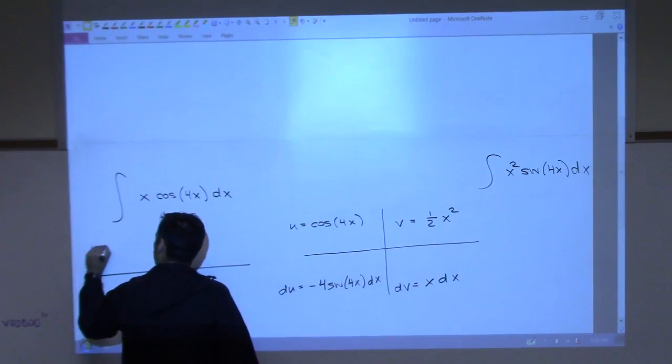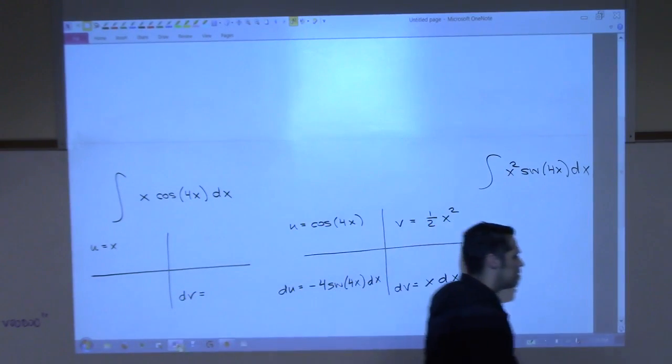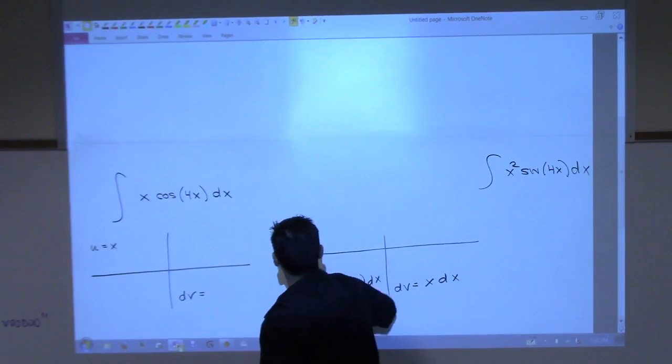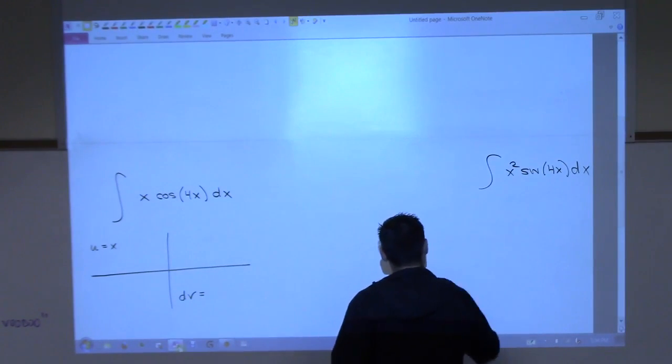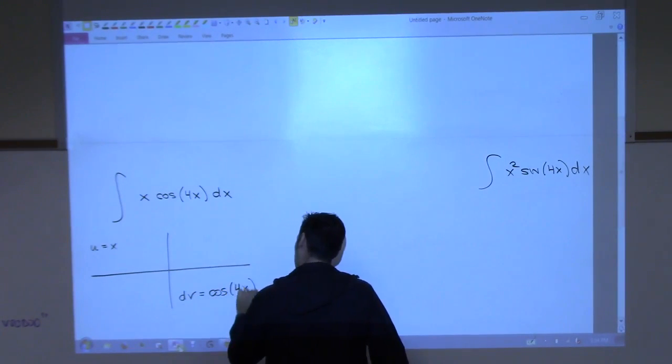u is equal to x, and that forces dv to be everything else, which would be your cosine 4x dx.